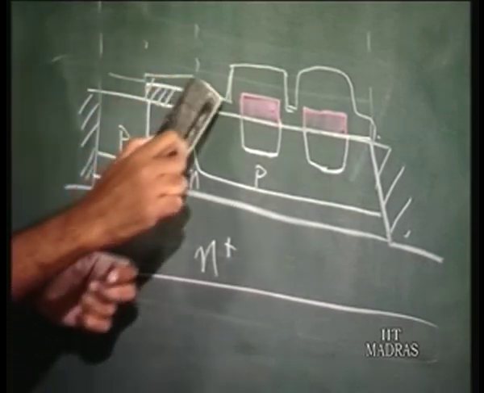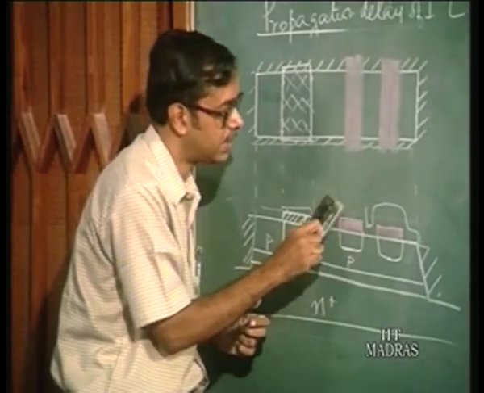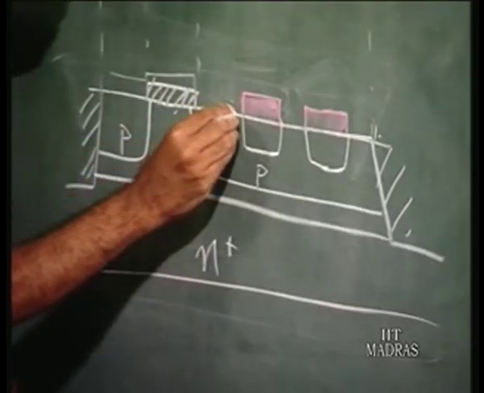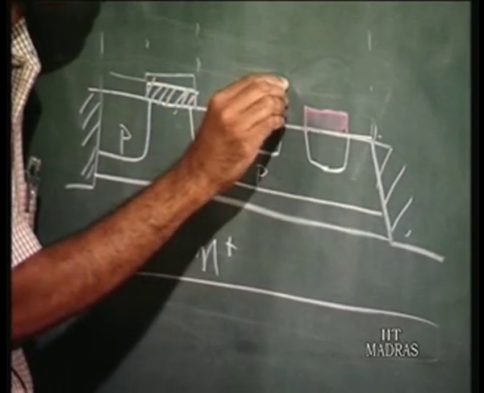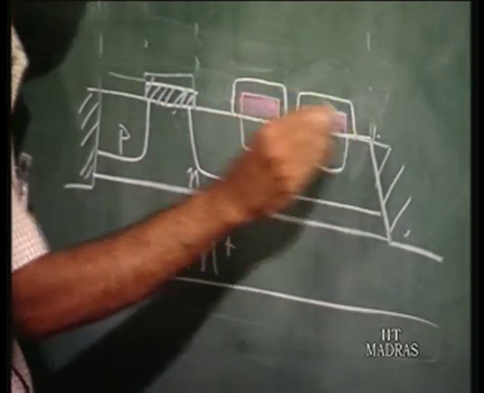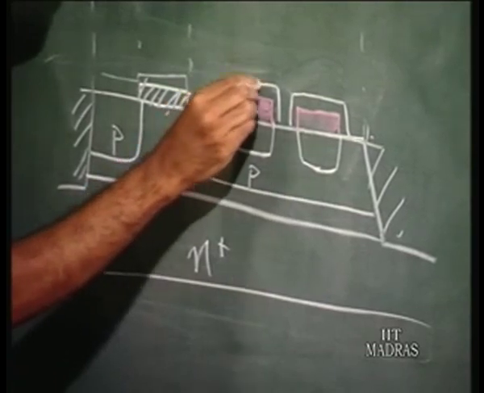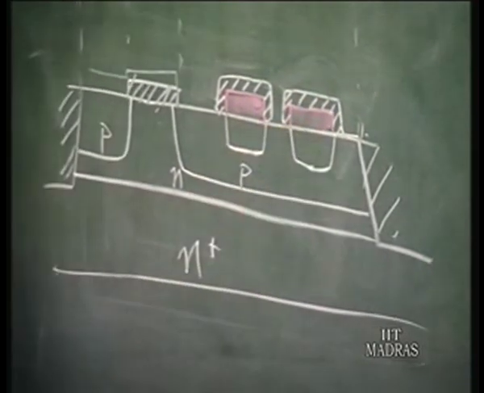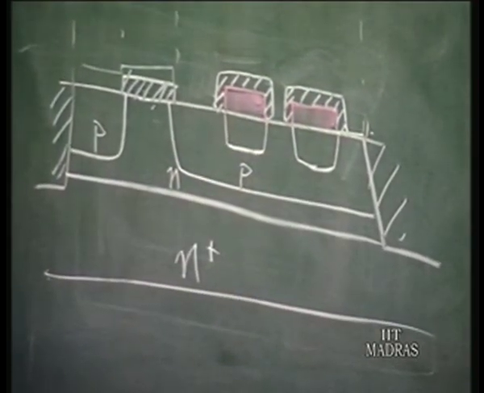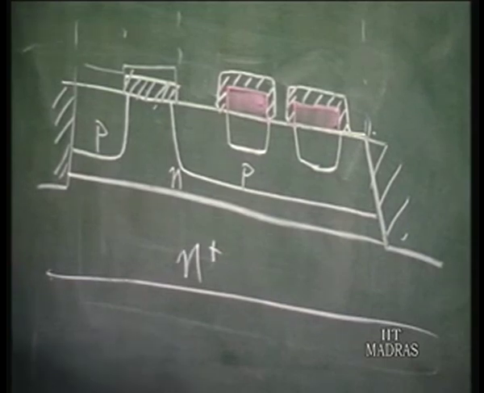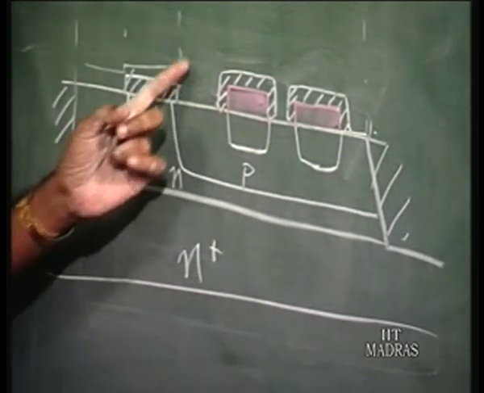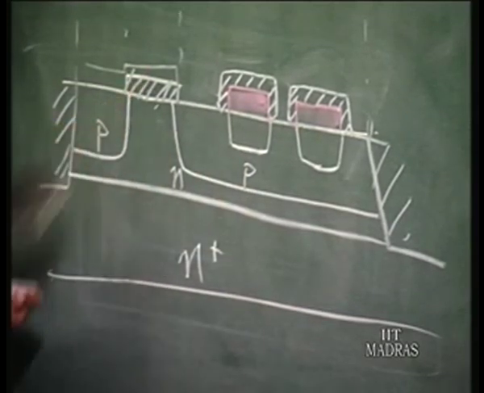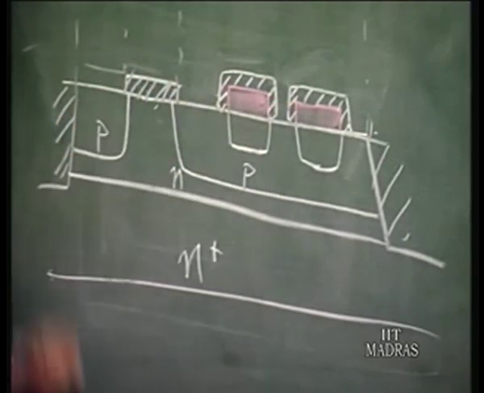So you will finally be left with oxide covering these polysilicon regions, and that is very important for this process. You understand? You have grown oxide and etched back, but you still retain some oxide on the polysilicon. So you have oxide here and here and here.